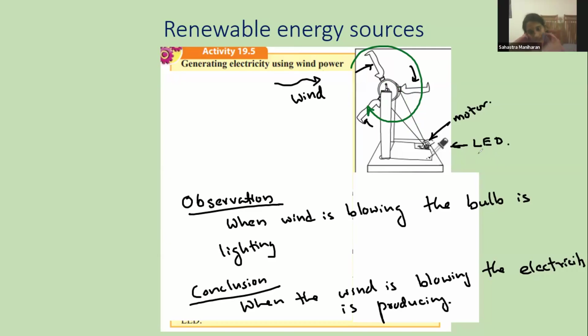Done, teacher. Okay. Observe: when wind is blowing, bulb is lighting.